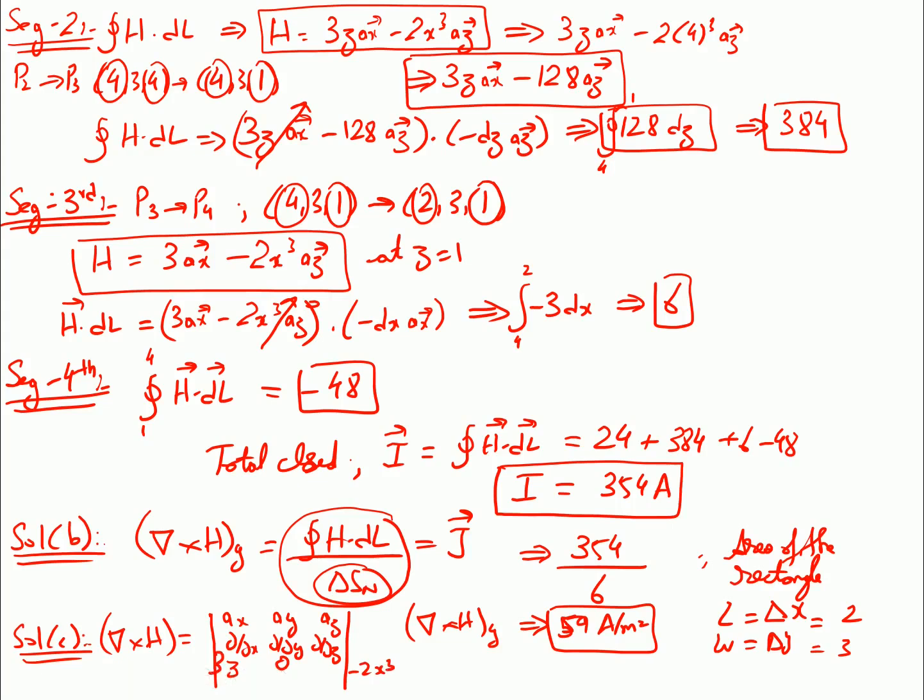Once you solve this determinant, you get the value of 6x squared plus 3ay. Now what is x squared and y? At the center the value of x is equal to 3. Once you solve this, this is going to be 57 ay ampere per meter square.